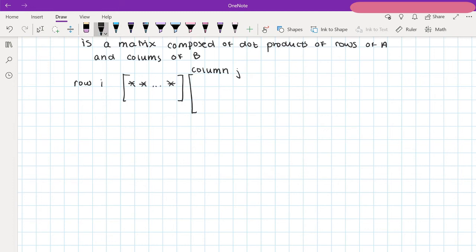So you're going to get the row I of A, the column J of B, and this is going to equal Cij, where Cij is the dot product of row I of A and column J of B. This is kind of confusing, but it'll make more sense once we see an example.